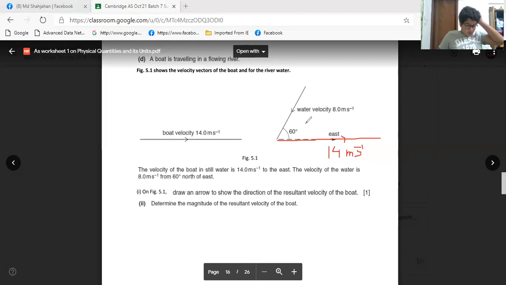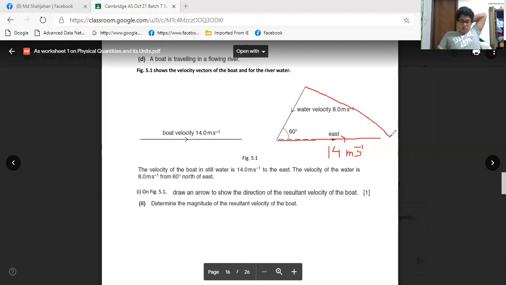So look here, we have two vectors, water velocity and the boat velocity, working in the same direction, right? We are getting two sides of the triangle. Then if we complete the third side, it will be a triangle, isn't it?